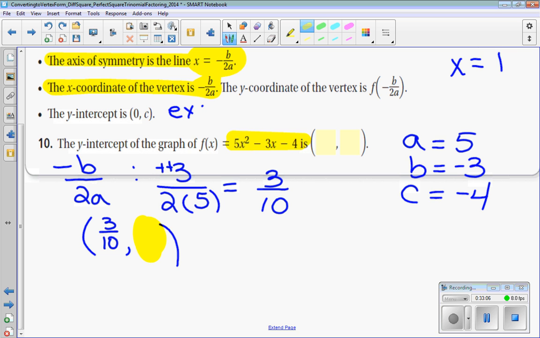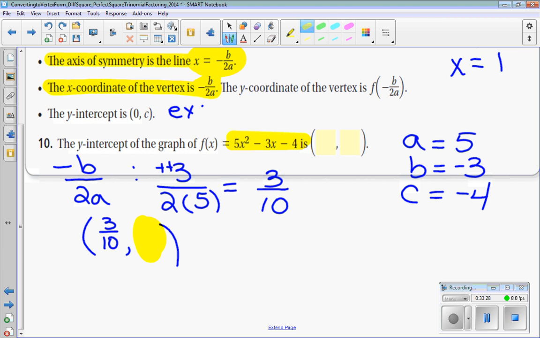Always, always, always, always use parentheses. 3/10, and you can use a fraction if you want, squared, minus 3 parentheses, 3/10, minus 4. I simply plugged in the number I got into x.